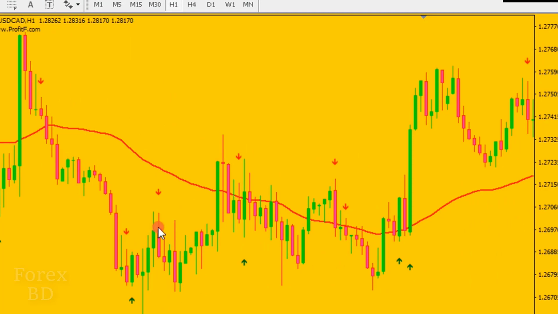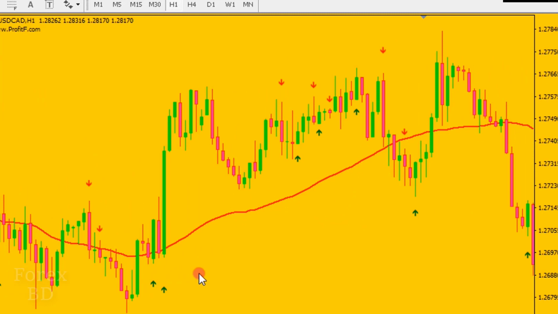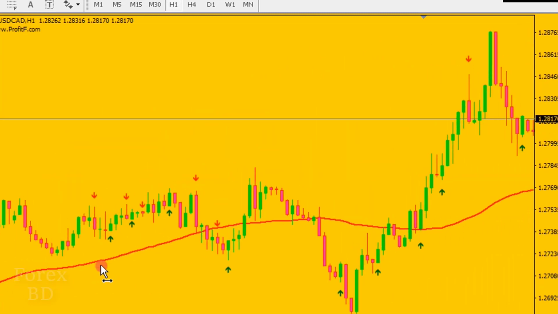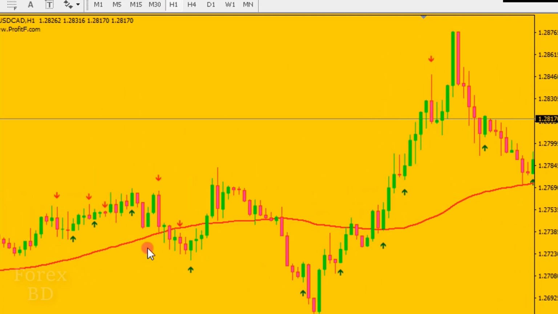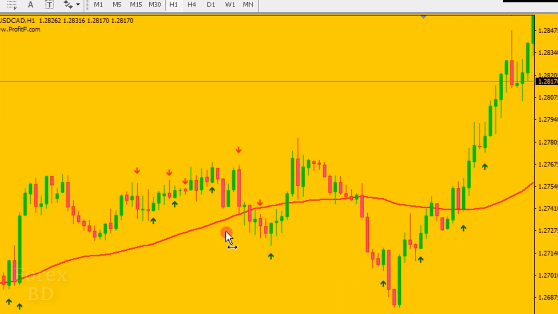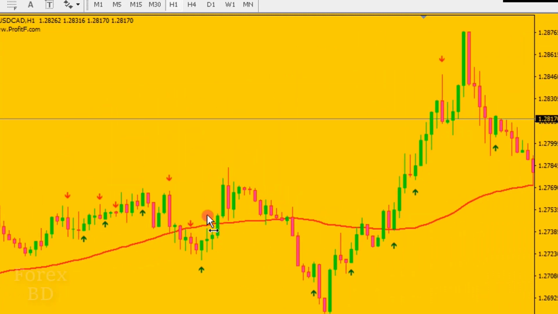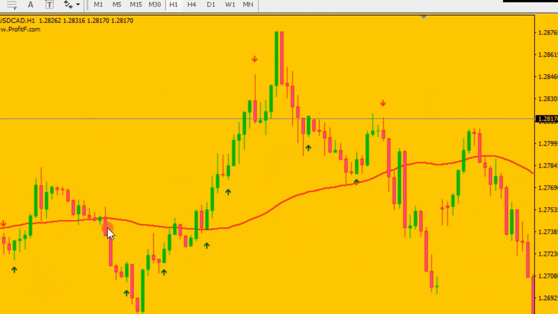Firstly, since there are two candles to follow, then wait till the end of the second candle, and secondly, if you get a bullish engulfing pattern, then before taking a buy entry, if you see the market is above moving average, you can take a buy entry, and if you get bearish engulfing pattern, then a sell entry. But first notice if the market is below the moving average. If the market is below, then take a sell entry.